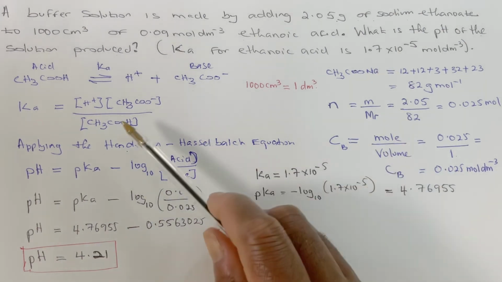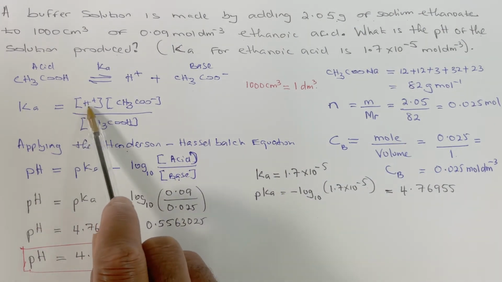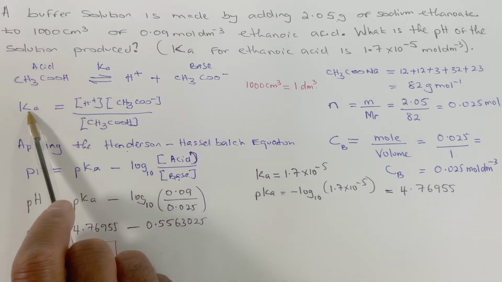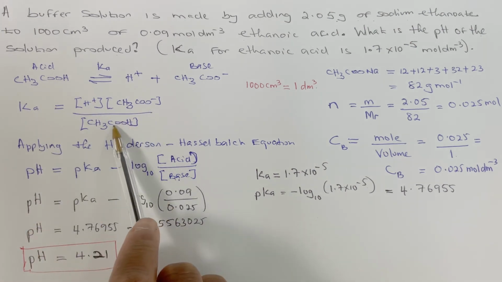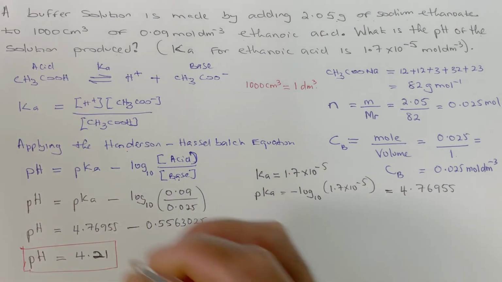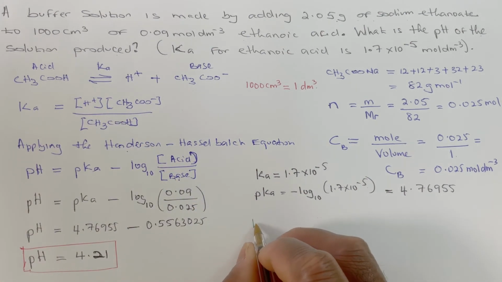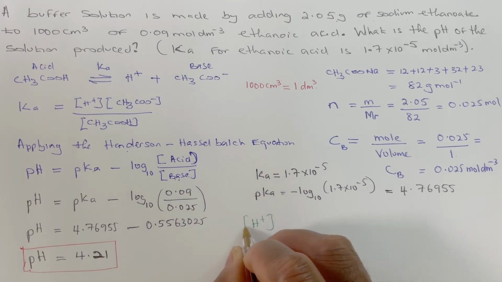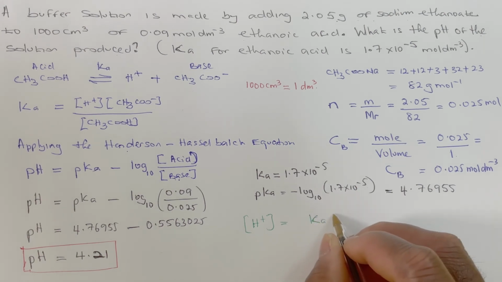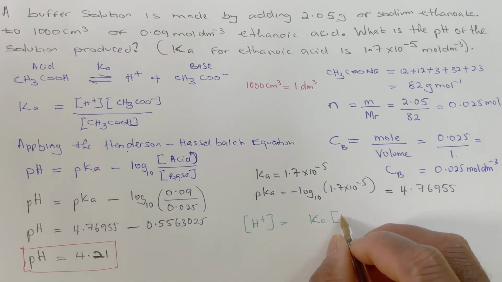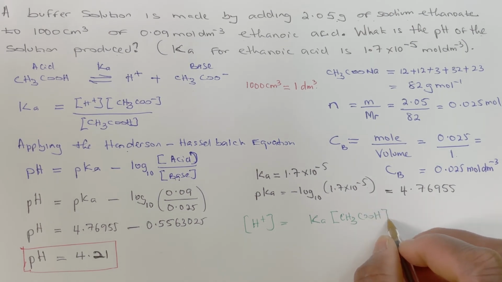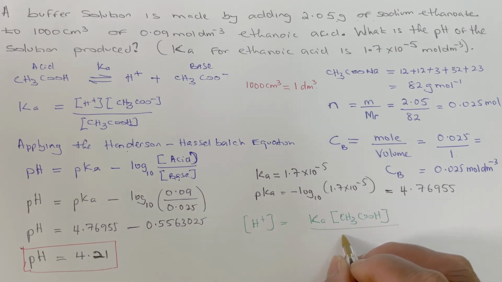Otherwise, you may have to just find the H+. Once you find your H+ concentration using this, you know the Ka value, you know the concentration of the acid, you know the concentration of the base. You can rewrite this equation as H+ equals Ka times the concentration of the acid over the concentration of the base.